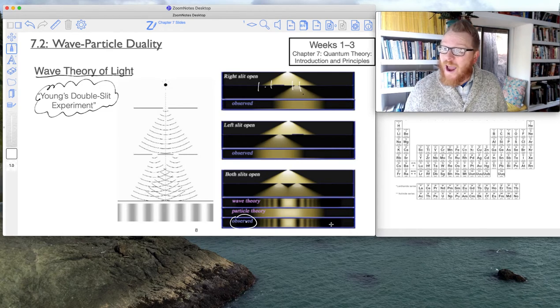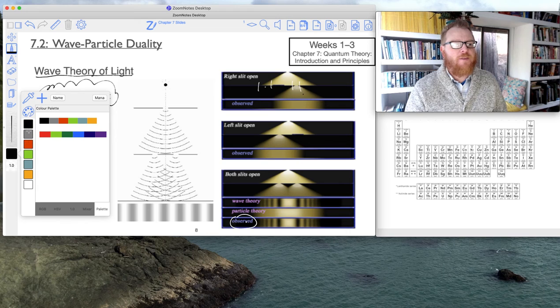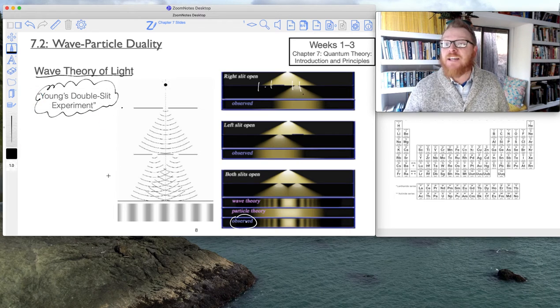Well, according to wave theory, you should see a structured or banded pattern. And that's exactly what was observed. So this experiment confirmed that light acts as a wave.